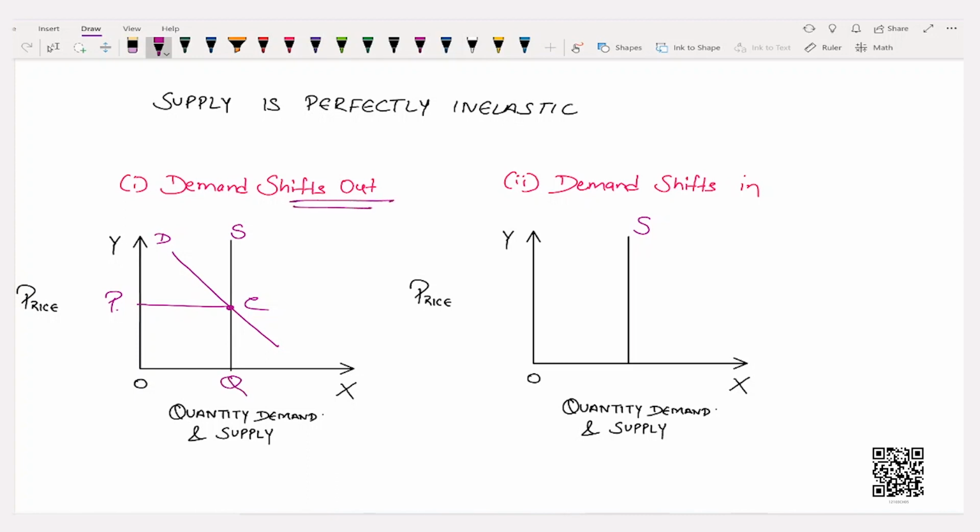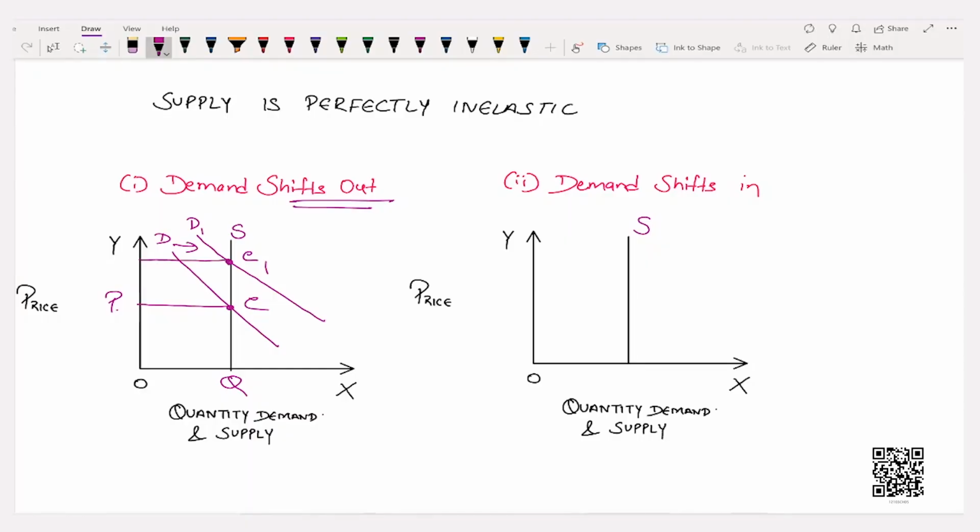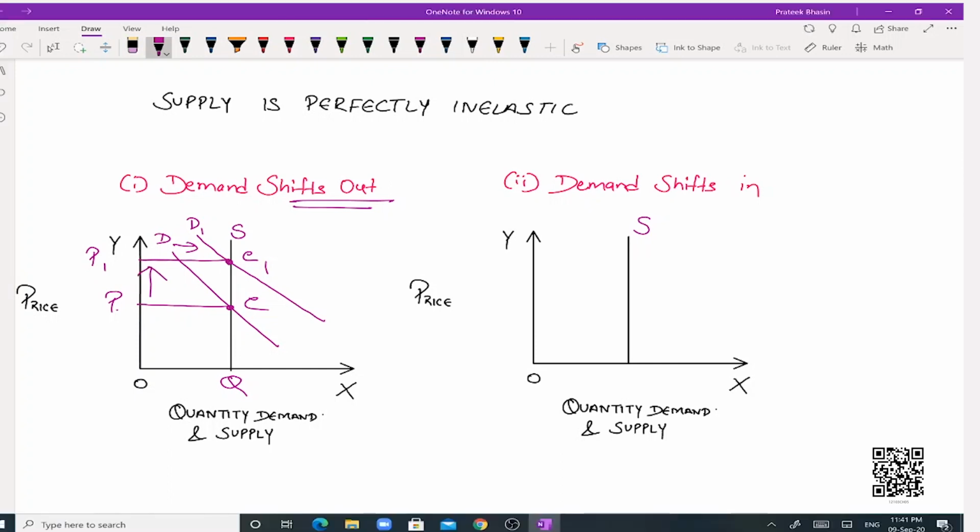Because we have to shift the demand curve outwards, it would lead to a rightward shift in demand. This will intersect at point E1, which is the new equilibrium point, and hence the equilibrium price will increase from OP to OP1.